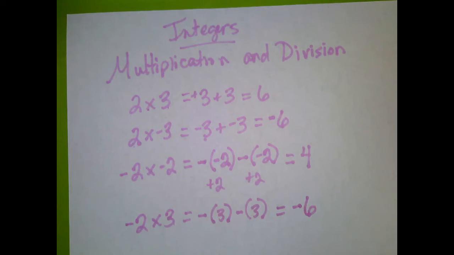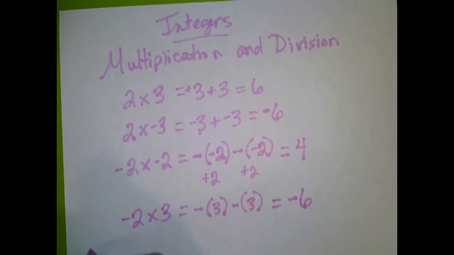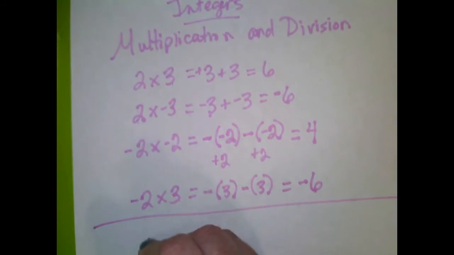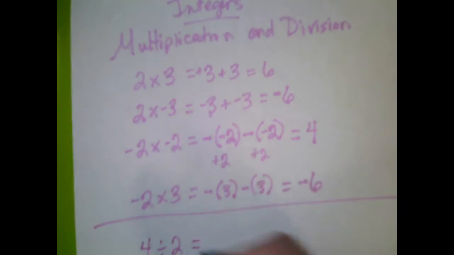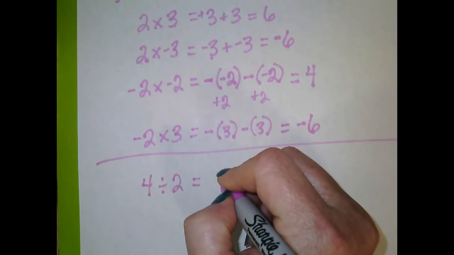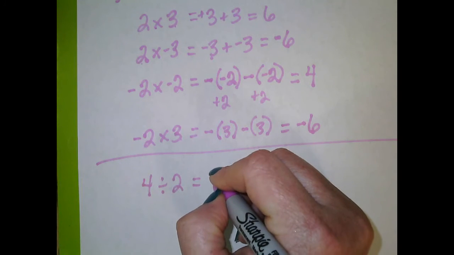All right. Division kind of works the same way. For division, let's go with 4 divided by 2. Pretty simple. If you divide 4 by 2, you get half of 4, which is 2, right?